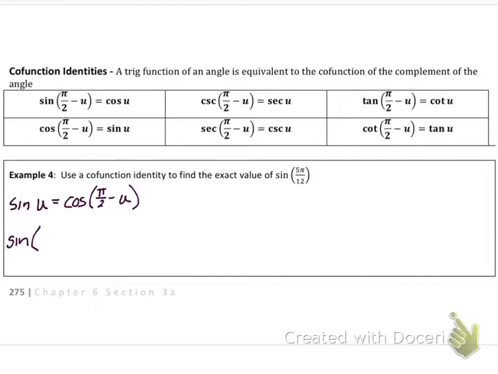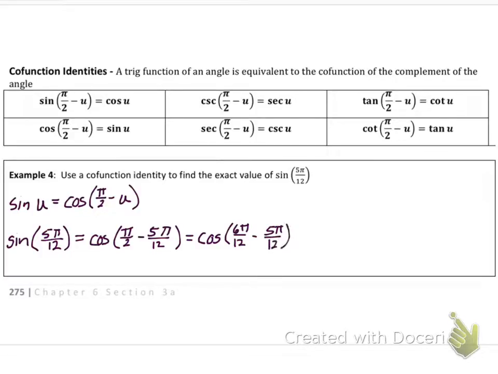U is just that 5 pi over 12, which means that's going to equal cosine of pi over 2 minus 5 pi over 12. Well, creating a common denominator, I need 12 on the bottom of the other one, so that's multiplying the top and bottom by 6. So we'll have cosine of 6 pi over 12 minus 5 pi over 12, which actually equals pi.